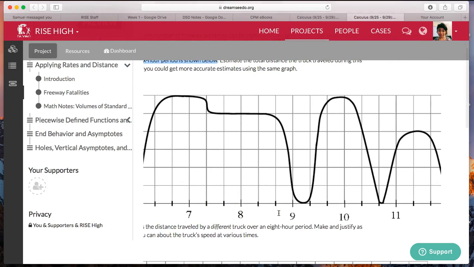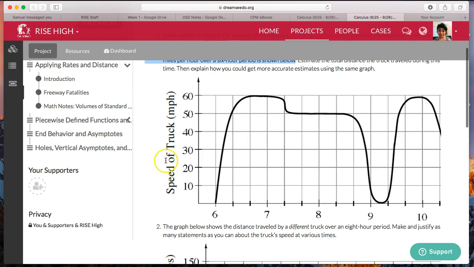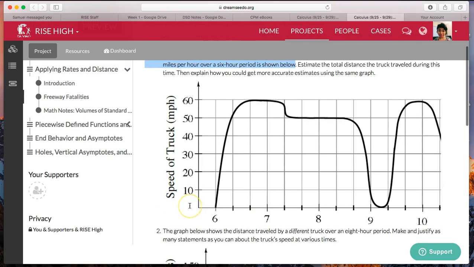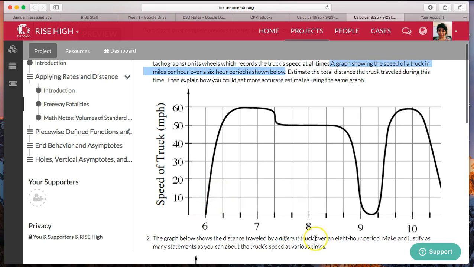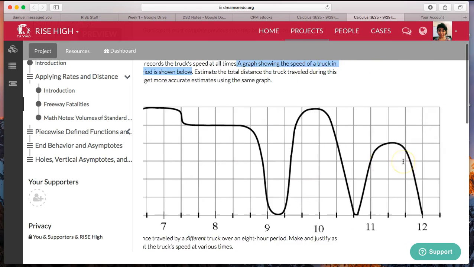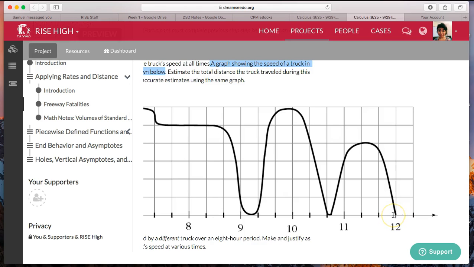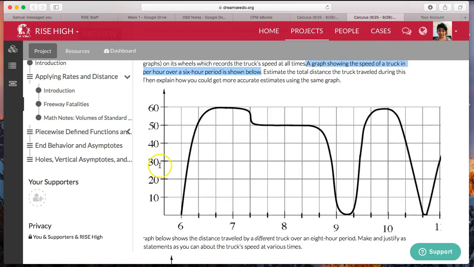So right here, there's a graph. Here is the speed of the truck, so 10 miles per hour, 20 miles per hour, over time. So at 6 hours, the truck is at 0 miles per hour, so it's not moving. And then over time, it speeds up, slows down, speeds up, slows down, until 6 hours have passed.